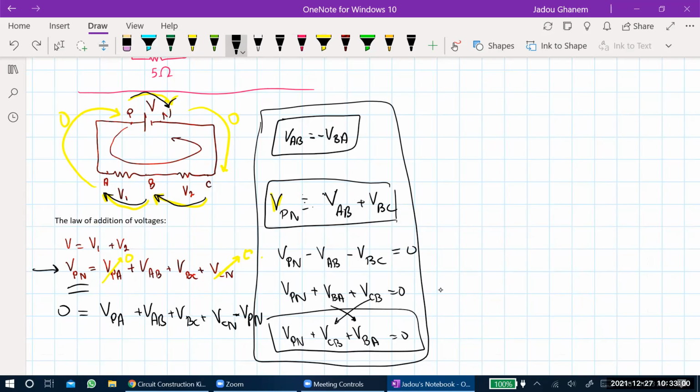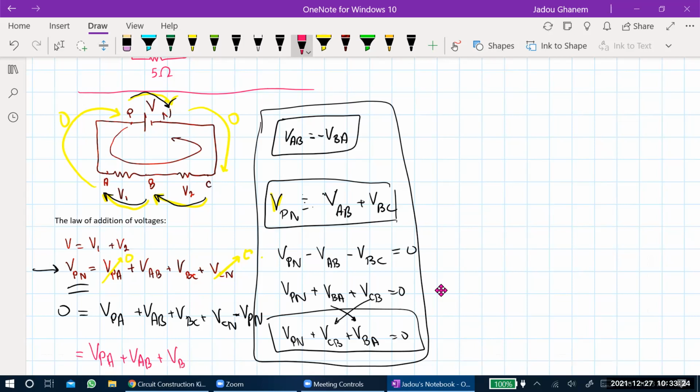Do you agree till now? Let's change VPN into positive sign, so it will be VNP. Is that great? If you change the name, you're changing the sign too. That's great. Yes, that's what's happening.